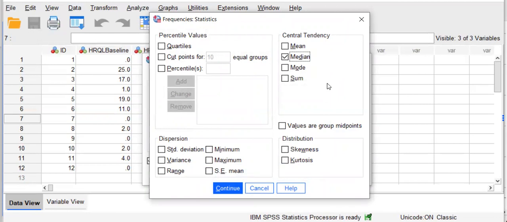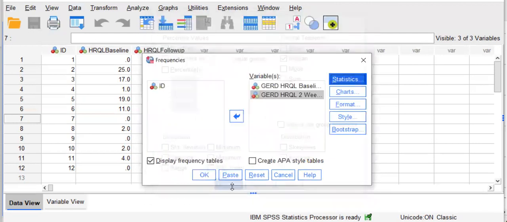Remember, we've already demonstrated that both of our distributions significantly deviated from normality. And therefore, a mean is not very useful to us because it's that one measure of central tendency that tends to be extremely affected by outliers and skewed distributions. But the median, of course, is not, because it's the middle number. So we click continue and OK.